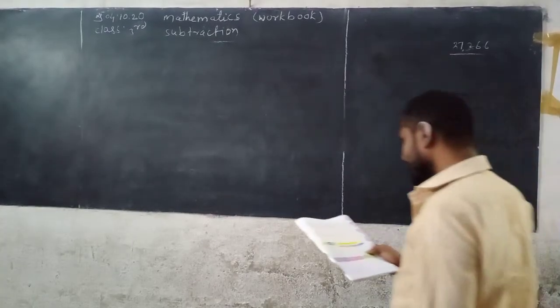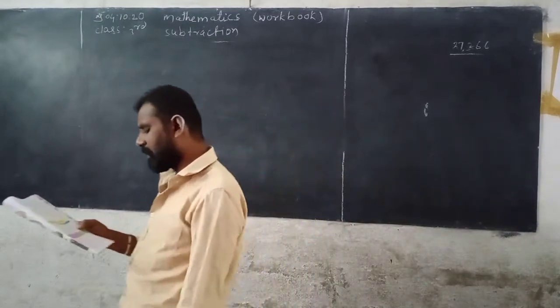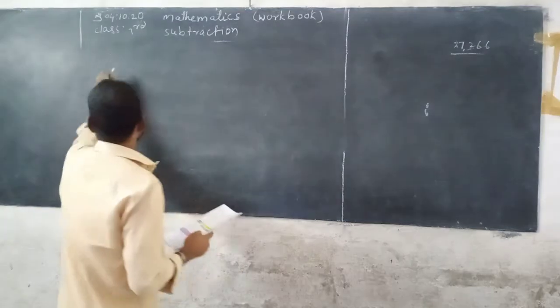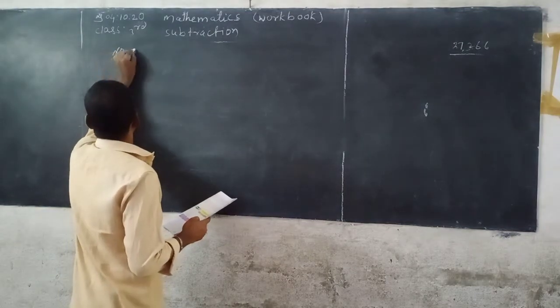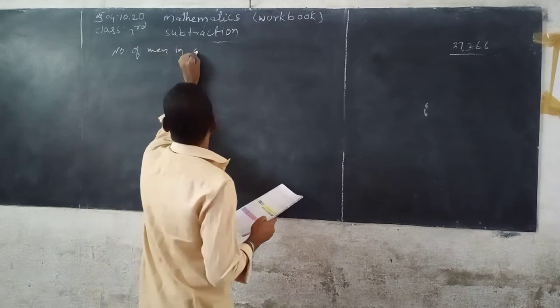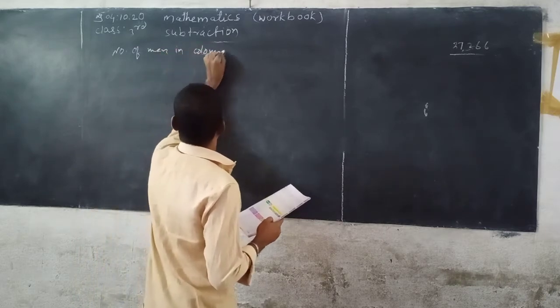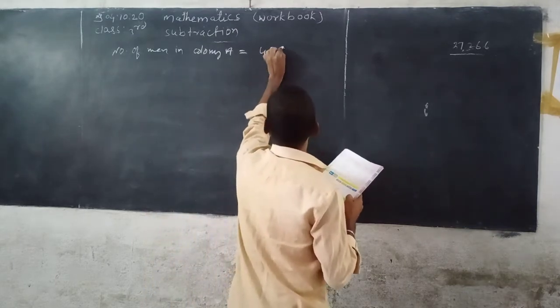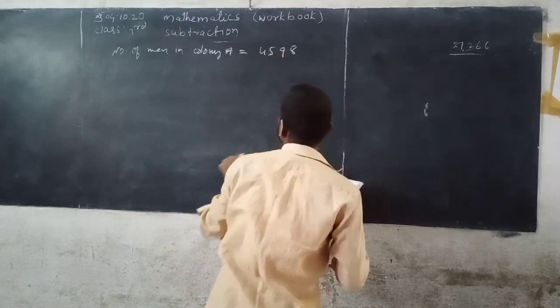Now next one is, what is the total male population in the 4 colonies together? See here, number of men in colony A is 4,598.